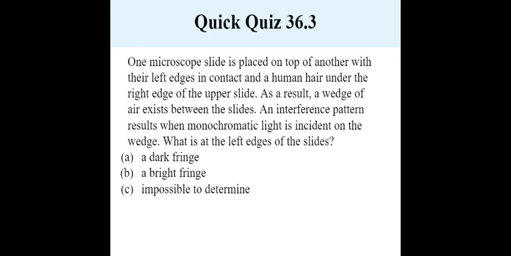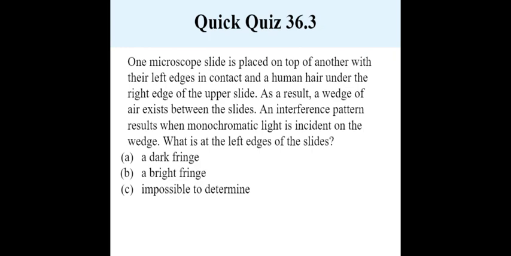That also depends on the path length. And the path length depends on the thickness. But in this case, the thickness of the film is just like a little tiny wedge of air due to the hair being sandwiched by the 2 slides. So its thickness is physically 0.